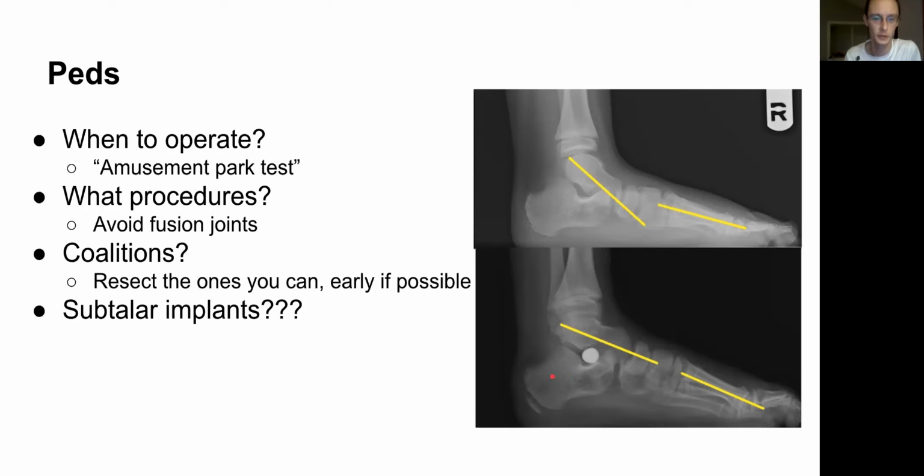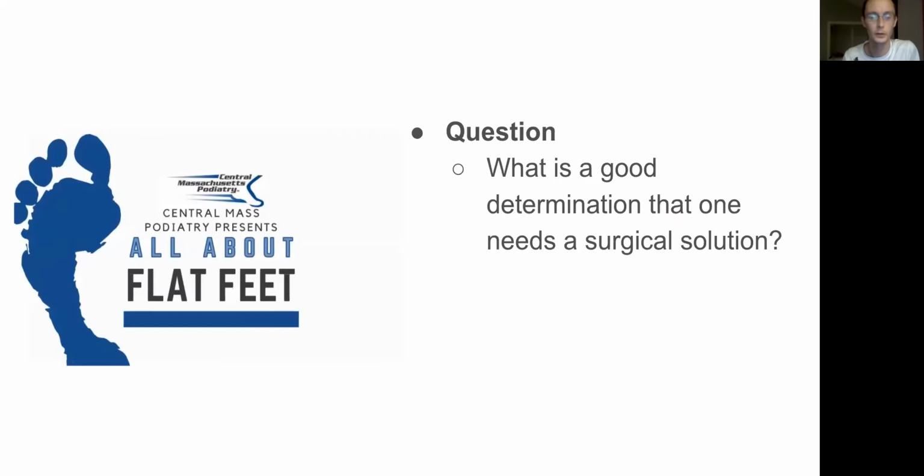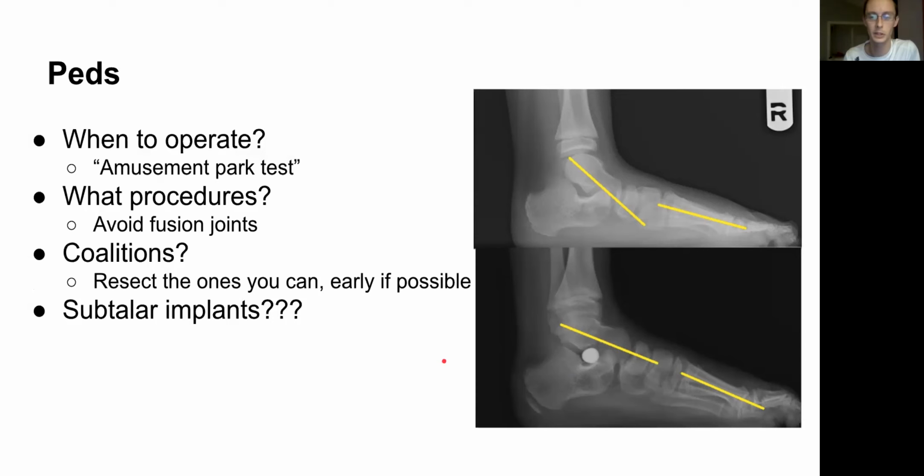So they're just gonna hammer this implant into kids, and that's not always right. It corrects in the wrong plane for a lot of these feet, and causes more harm than good a lot of the time. It has its role, but it's a very limited role, in my opinion. So that's sort of the pediatric situation.